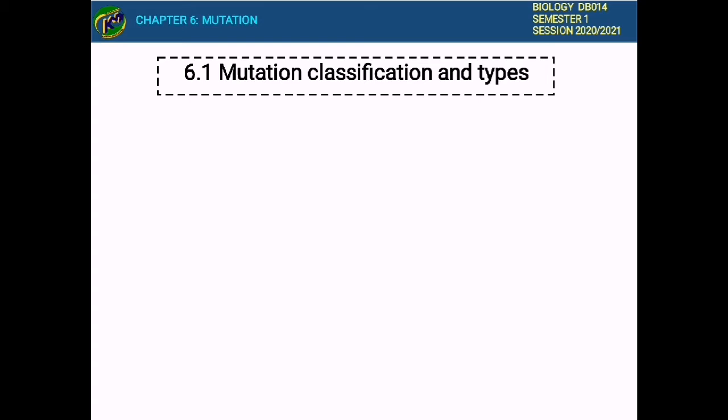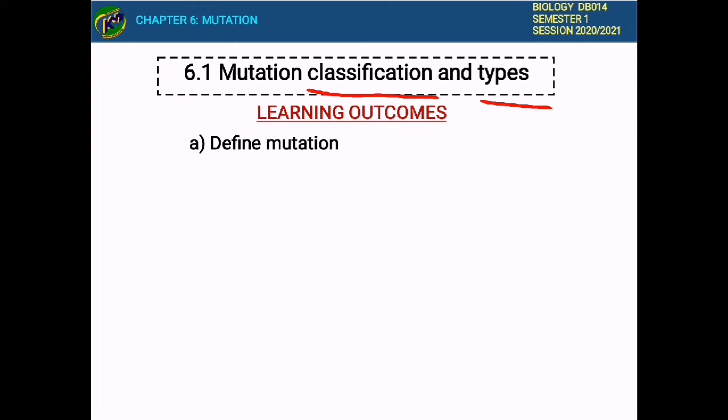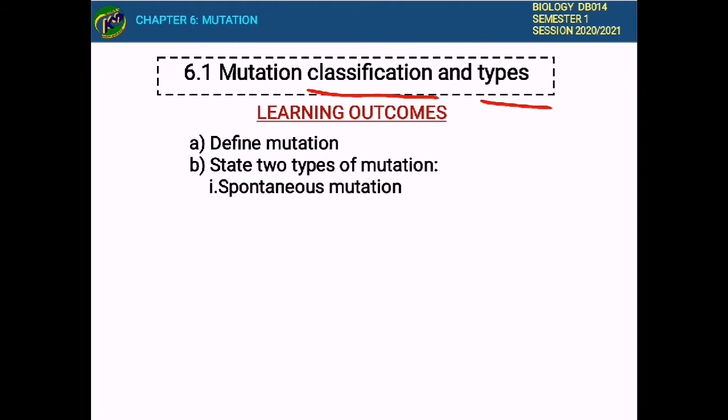For classification and types, here we have classification and types, so you have to differentiate between these two. Learning outcome: define mutation. Next is to state two types of mutation, which consists of spontaneous mutation and also induced mutation.